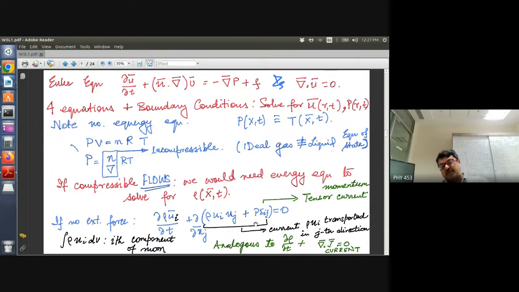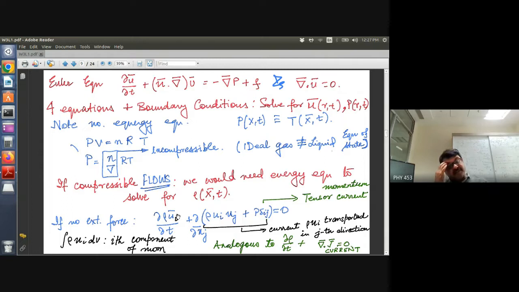So divergence of J. So this looks really like this. Now this quantity here was a scalar, and hence you had a vector here. Now the thing which is changing itself is a vector.